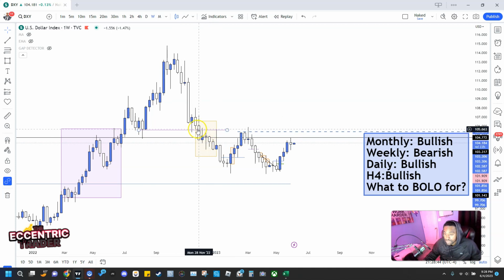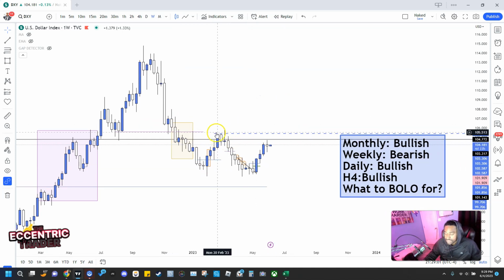On the lower time frame, you should see lower highs and lower lows that help push price down. Then price broke support and came back up to test newfound resistance, right? And then price came down here to test another level of support, this right here.